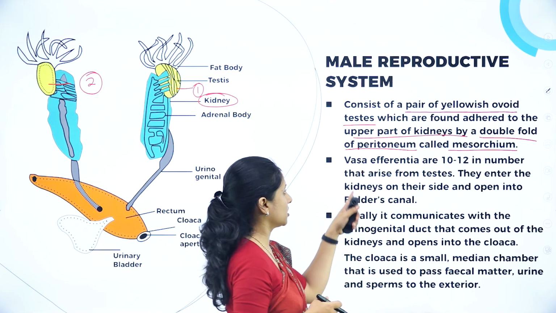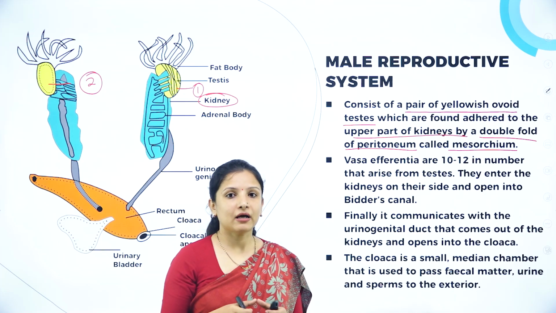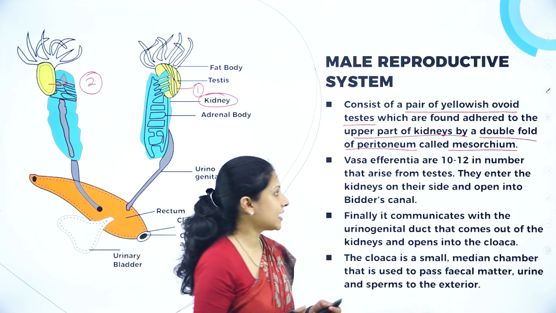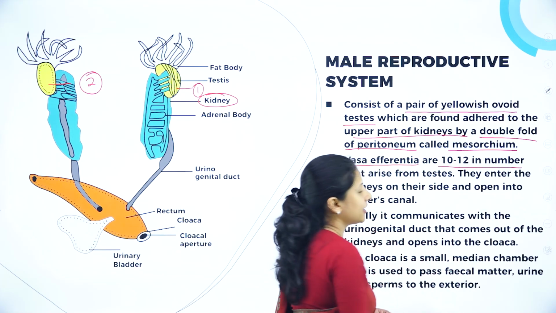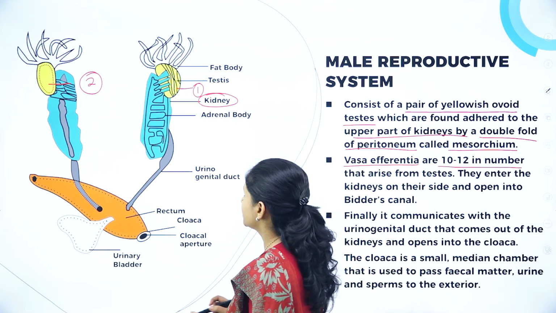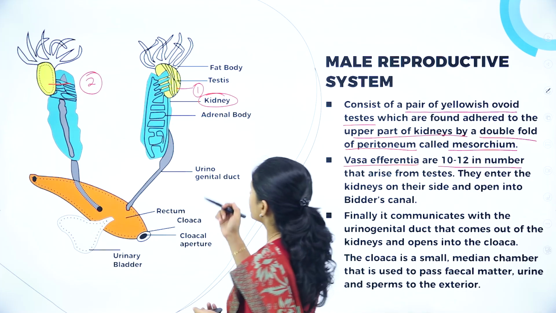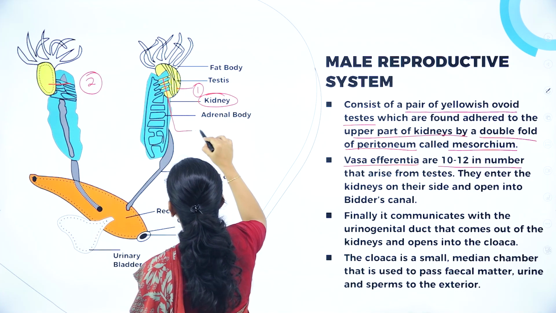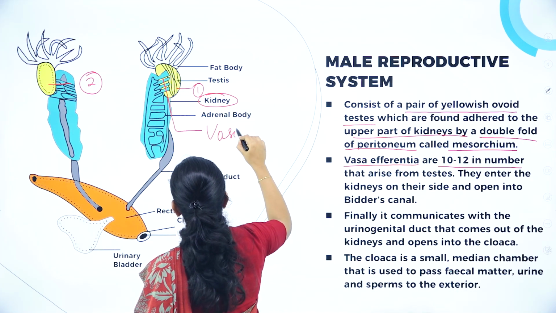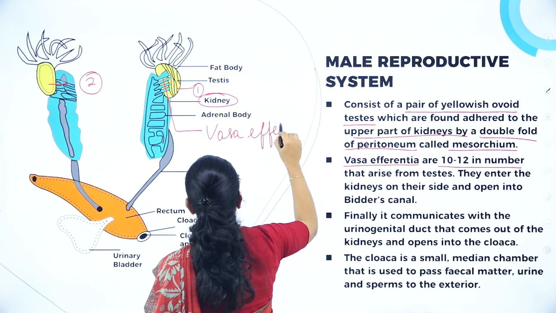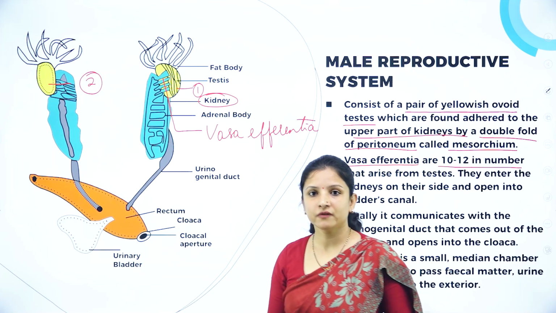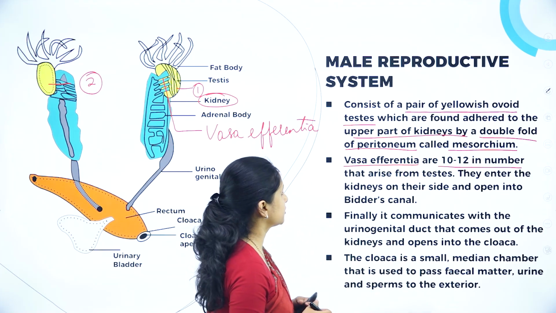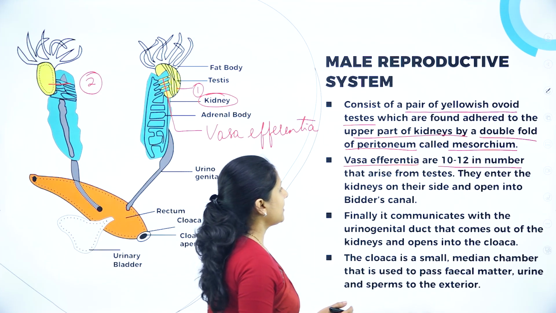So this is important. And the kidney has a structure called vasa efferentia. This is also very important. And how many in number? They can be 10 to 12 in number. They are finger-like projections called vasa efferentia, present in 10 to 12 numbers, which arise from the walls of the testis and enter the kidney.